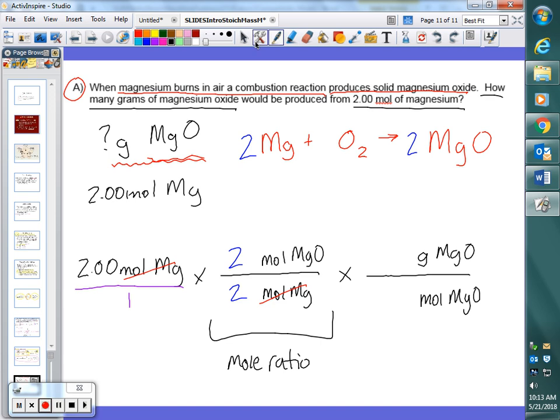So if we go to the periodic table, you can find magnesium, you can find oxygen, and see their molar masses individually, but each molecule of magnesium oxide has one atom of magnesium and one atom of oxygen, so the molar mass of magnesium oxide is going to be those two masses added together.